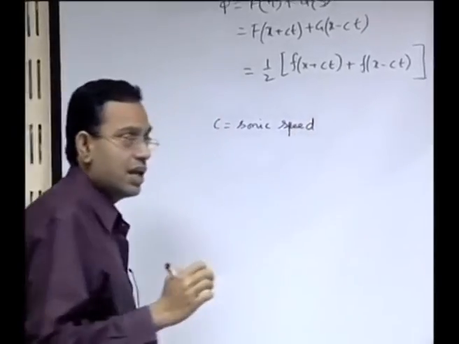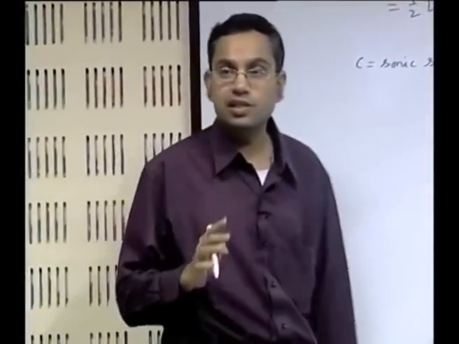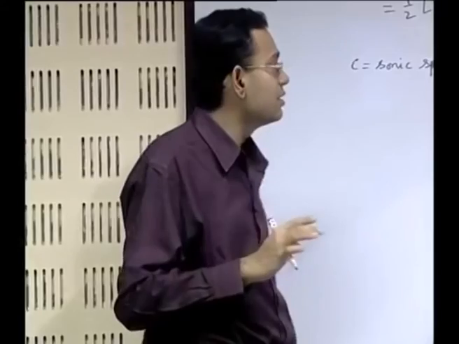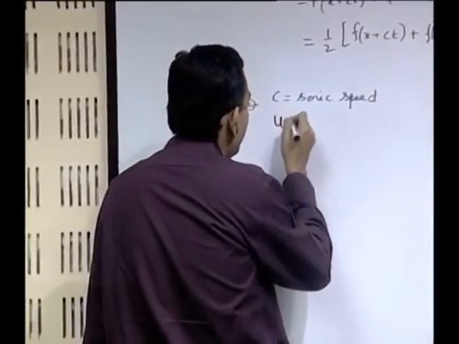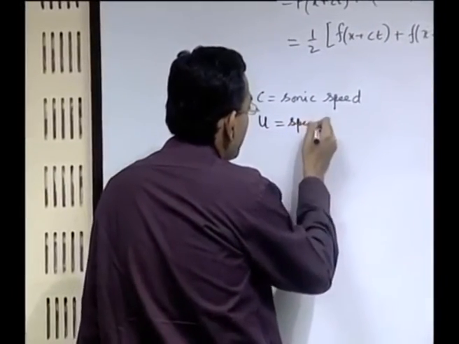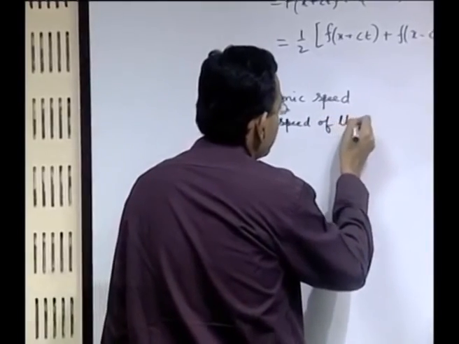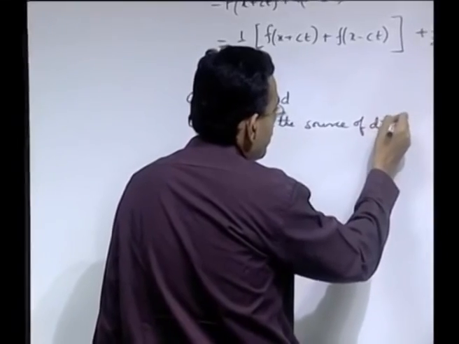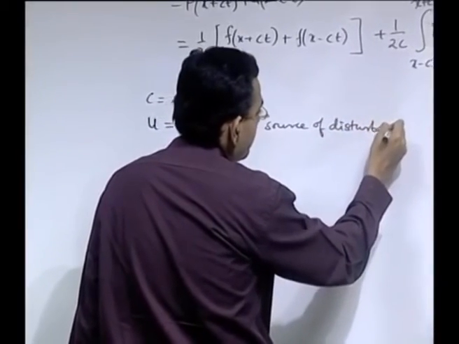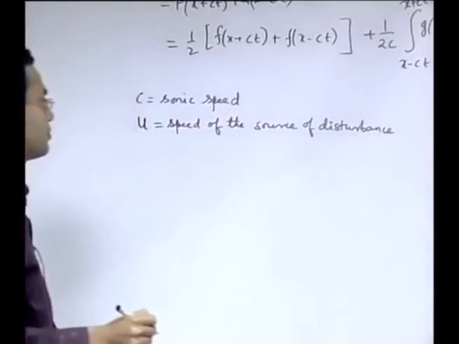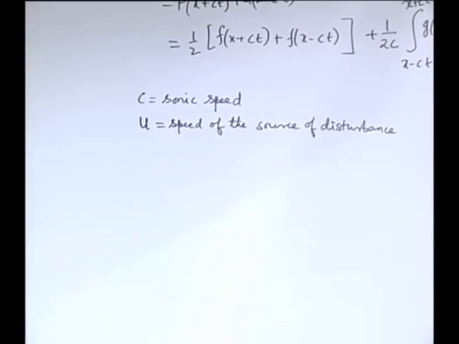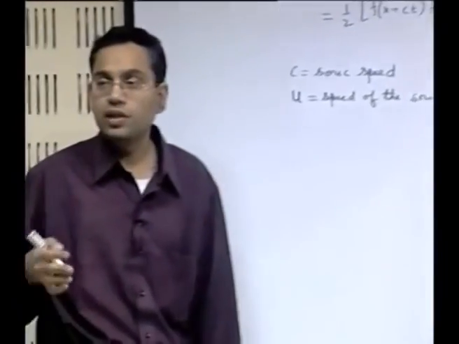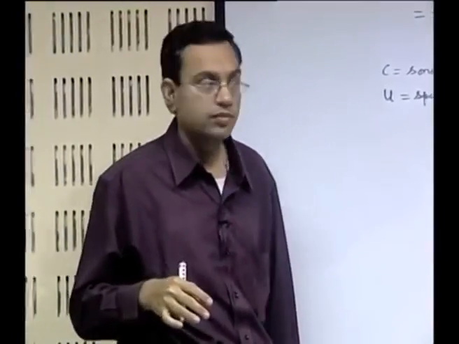This is the speed at which the disturbance propagates, and let us say that u is the speed of the source of disturbance, or the speed of flow, so to say, if the flow is the source of disturbance.